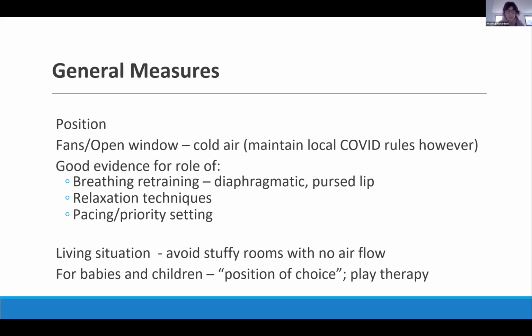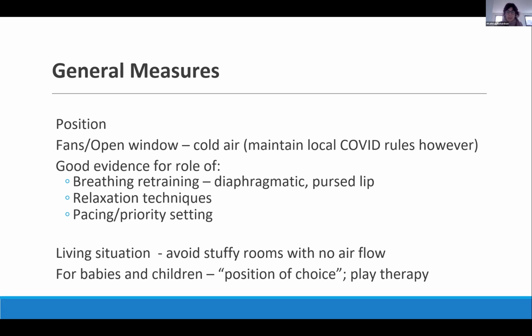There's very good evidence for using fans, either a handheld fan or a fan in the room. That experience of air coming onto the face does help with breathlessness. Where possible, having a draft or open window to let some airflow is helpful, if that's possible for infection control reasons.